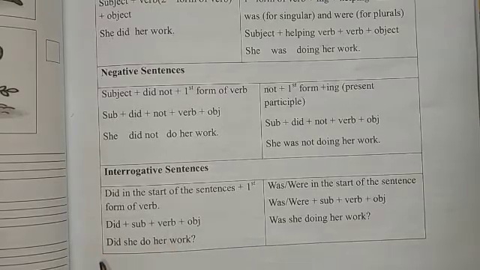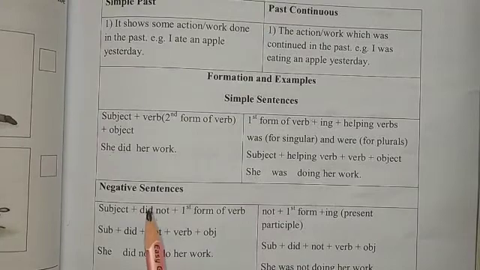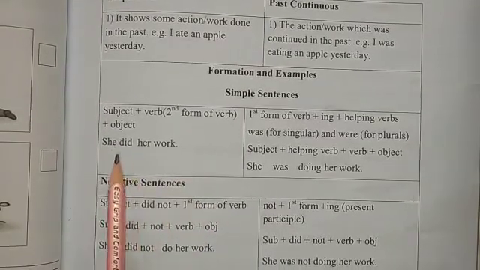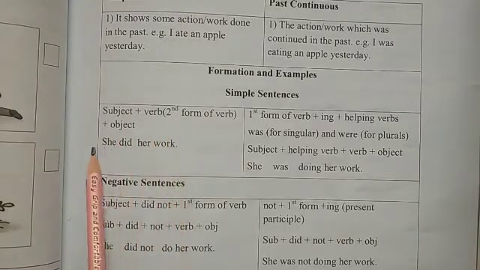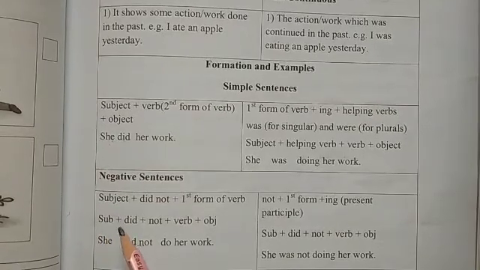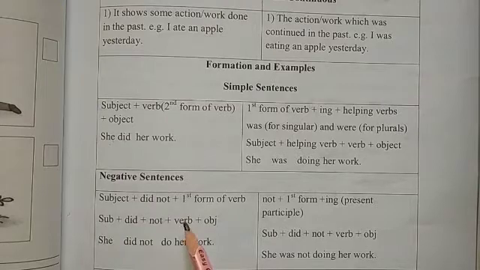Okay, so it's the simple past tense that shows some action or work done in past and its formation is subject plus second form of verb plus object. And if we are going to make negative we add did not in the sentence and first form of verb.